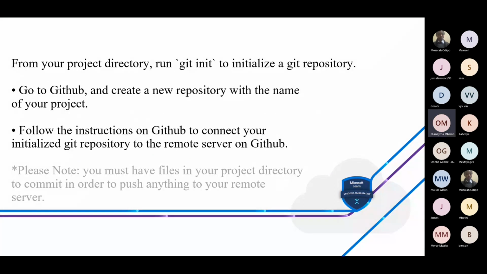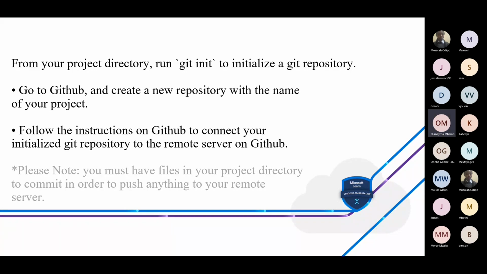After having SSH configured with GitHub, you can go to your project directory. For example, I have a project on my desktop named web app, and I want to put it on GitHub.